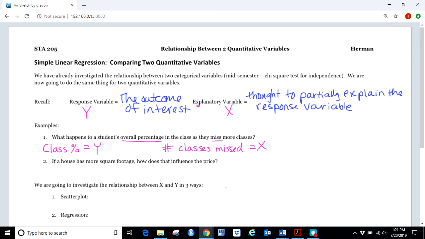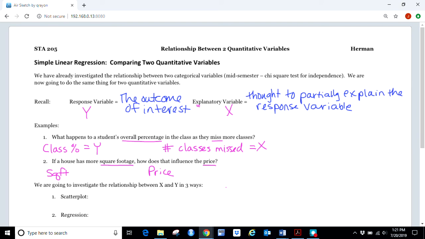Another example. Suppose we want to see if a house has more square footage, how that would actually influence the price of the house. So our two variables are the square footage and the price. So our square footage is one, price is the other. Again, hopefully you can see those are both quantitative in nature.